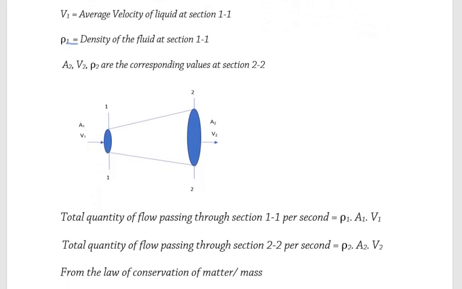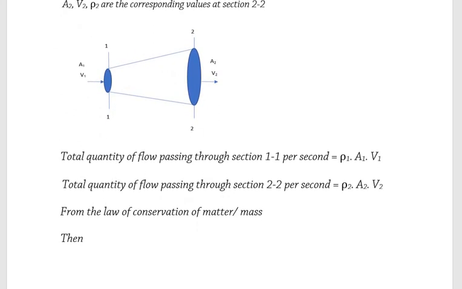Looking at this diagram, it shows part of a pipe that is diverging. This pipe was continuous, but it is diverging in that way.